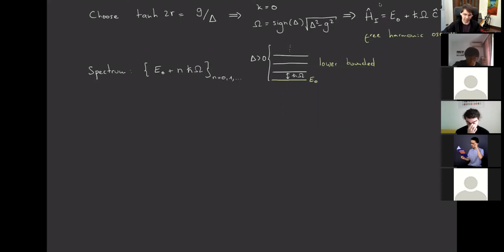However, what's interesting is that when the detuning is negative, so if we are in the opposite region, we get a spectrum that is also uniform, but it's actually going in the downwards direction. So now we don't have a lower bounded spectrum, we have an upper bounded spectrum. And I'm pretty sure that you are not very familiar with upper bounded spectra, because this cannot happen in a normal Hamiltonian.